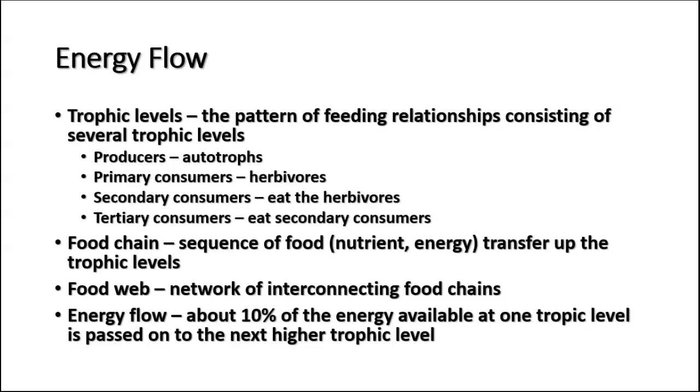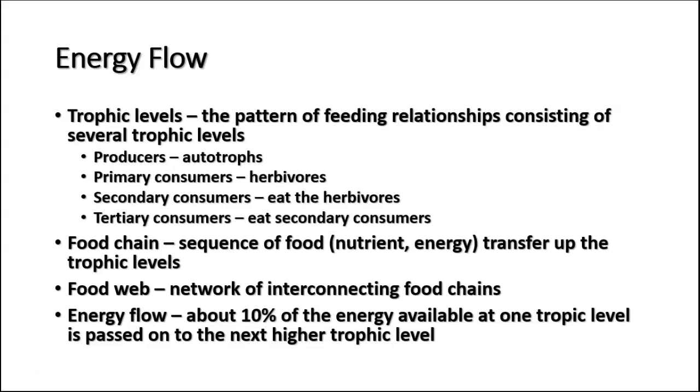Most of the time they can eat a variety of things, and so they may be feeding at different trophic levels at different times. A food chain is the sequence of food transfer up the trophic levels. That includes nutrients, that includes energy as well. A food web is a network of interconnecting food chains, again, because most animals don't eat just one thing. They can eat several different things at different trophic levels.